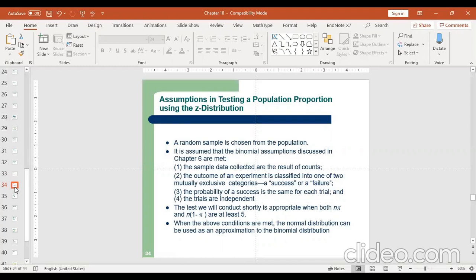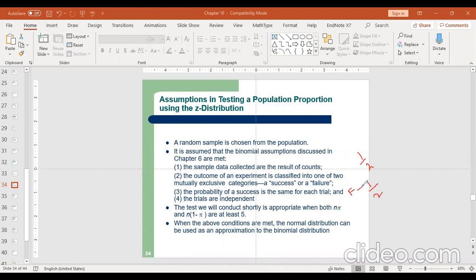The sample data collected are the result of counts. So we are counting the number of experiments, so we can get the n value. The outcome of an experiment is classified into one of two mutually exclusive categories. If we flip a coin, there will be a half chance of getting success or a half chance of getting failure.